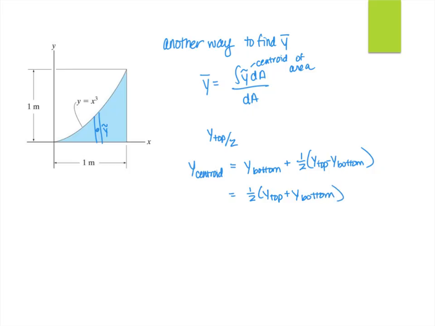For this particular example, the y value at the bottom is 0, and that's why we can just write it like that. So the y centroid can be written as y top, which is x cubed, divided by 2, times dA over the integral of dA.